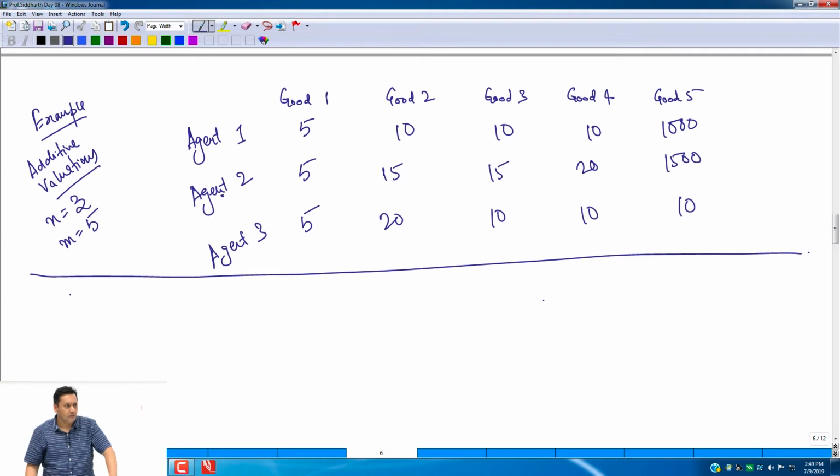I did want to impress upon you the fact that EF1, these fair solutions, exist at vast levels of generality. Let's circle back to our example and the case of additive valuations, and say that in some sense I made you work a bit harder than required if additive valuations is all that you are interested in.